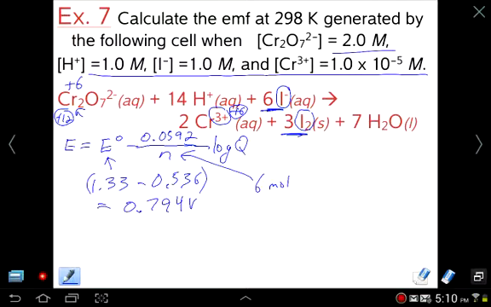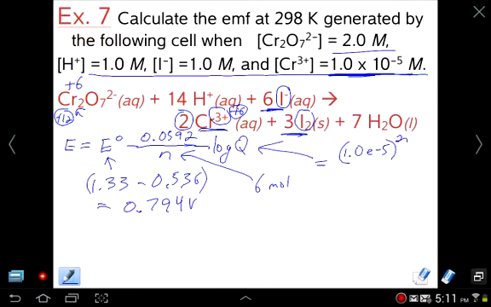And then finally, Q is going to be products over reactants. Our products, in this case, are chromium 3+, and this concentration is 1.0 times 10 to the -5th. Now this would be squared. Remember, the coefficients go in the power.